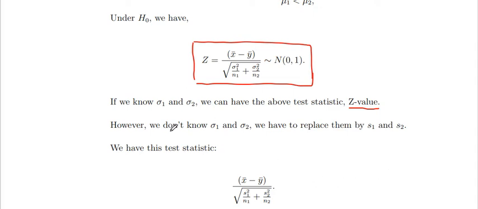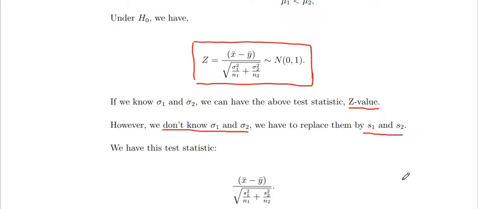Okay, but the question is we don't know sigma 1, sigma 2. Those are population standard deviations. We don't know. So all we know is the standard deviation from the sample. We know S1, S2, right?